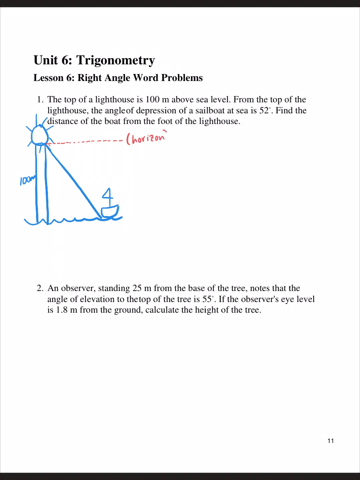It's not really something you can see, but that's how the angle is actually made. So this angle of depression to the sea is 52 degrees, which means this angle inside our triangle is also 52 degrees. So it says find the distance of the boat from the foot of the lighthouse. If we make this a nice triangle like this, we're trying to find that distance there.